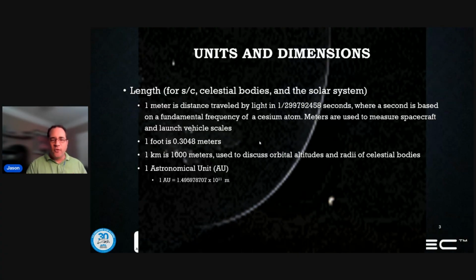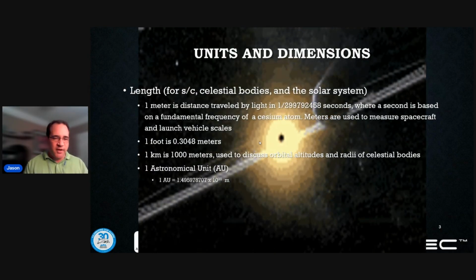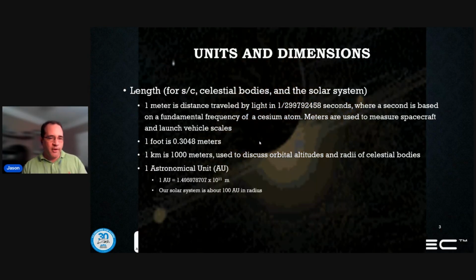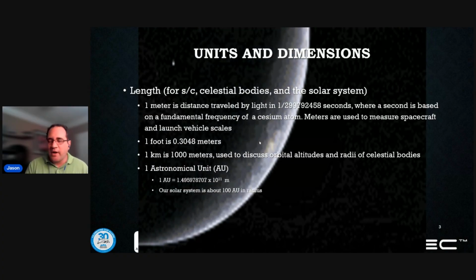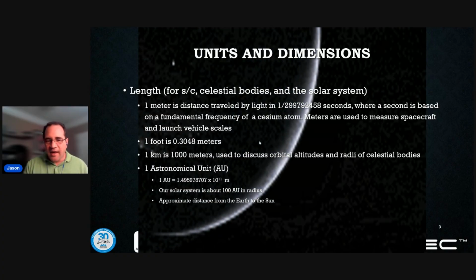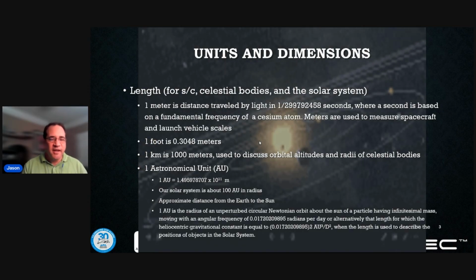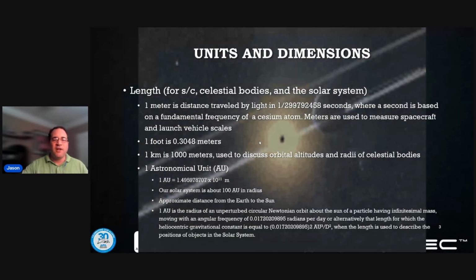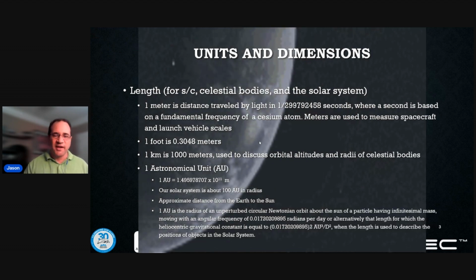That is 1.49 times 10 to the 11 meters, and that's roughly the average distance between the sun and the Earth's orbit. Our solar system is about 100 AU, depending on where you decide the boundary is. The approximate distance from Earth to Sun is 1 AU, as I just mentioned. But really, there's this long, wordy definition that I'm not going to get into, but you can pause and screenshot it if you want to.